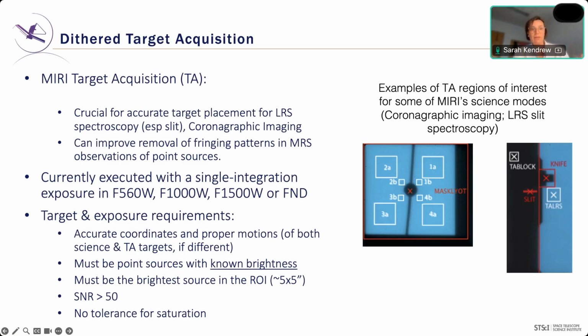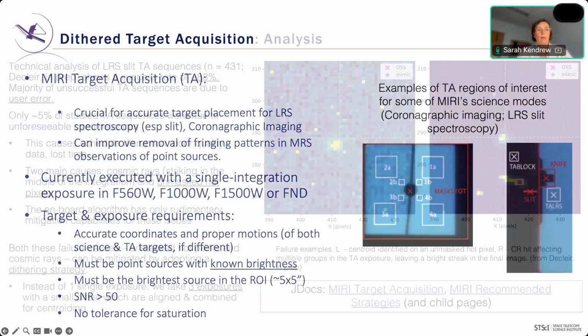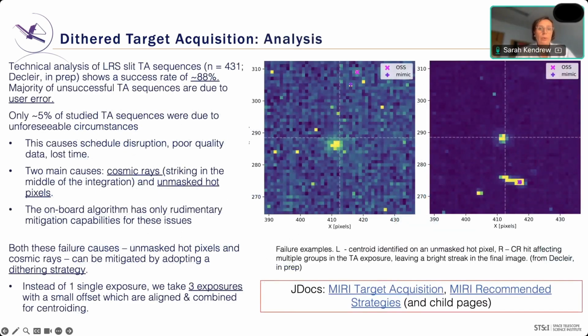But we have had target acquisition failures, and these can be quite impactful. We have a technical report that's just being finalized right now, where one of our team looked in detail at all the LRS slit target acquisition sequences, more than 400 of them, and found generally a very good success rate, but we really wanted to dig into why TA was failing.